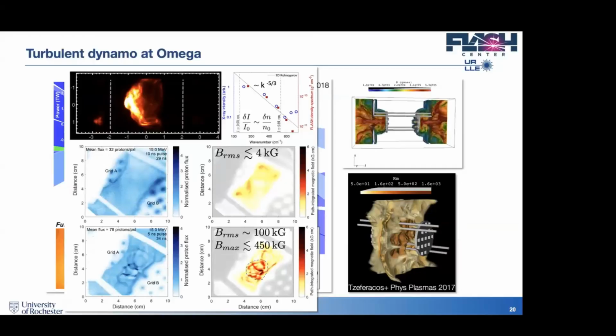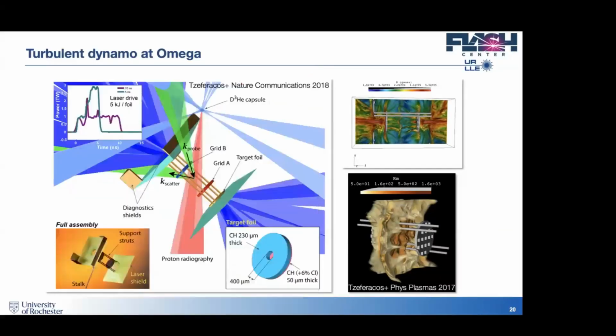Here is an X-ray image of the interaction region, the Kolmogorov spectrum that we were able to recover from it. And these are proton radiographs, which you can think of as trying to take pictures of the magnetic field with a Polaroid that doesn't use photons, but rather protons. So we do an experiment on the side where we implode a capsule, and a sea of protons will stream through the interaction region.